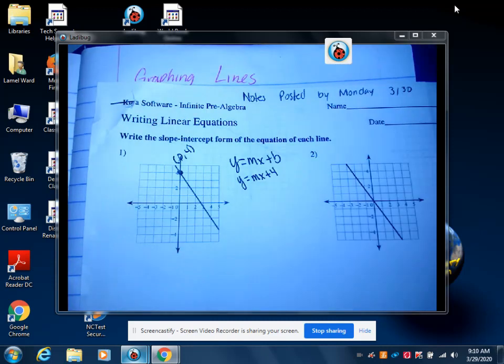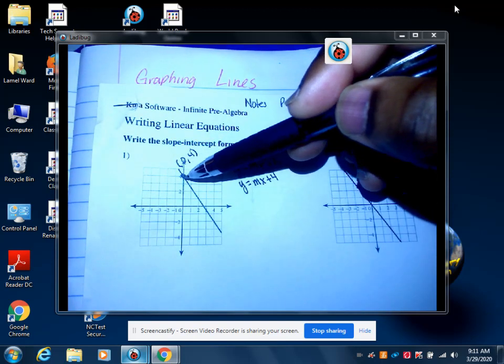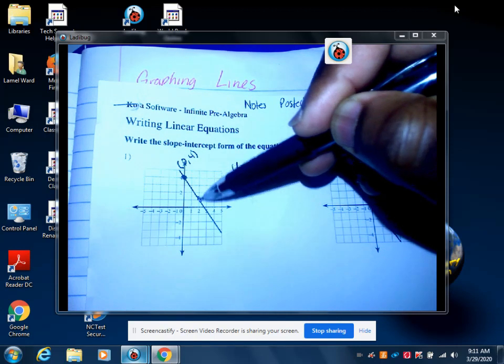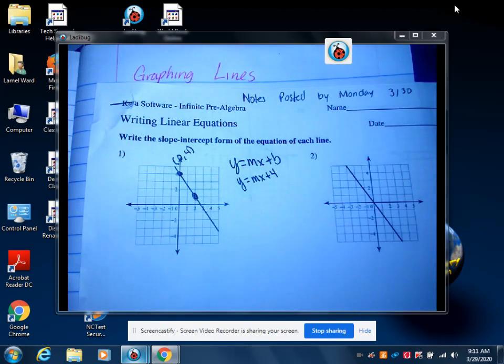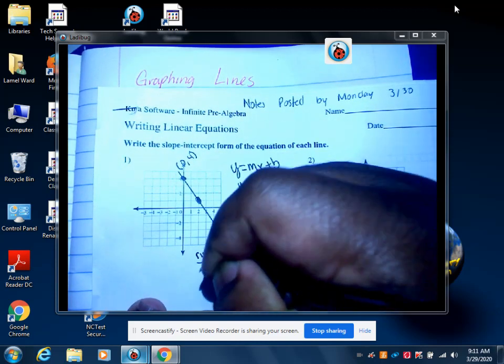Now that we have our b, we have to look for our slope. In order to get our slope, we have to find another point on our line that we can use to find our distance. I'm going to scroll down my line until I find a point we can use. Boom, I got one right here. Now that we have 2 points on our line, it's easier to find our slope. Remember, slope is rise over run.